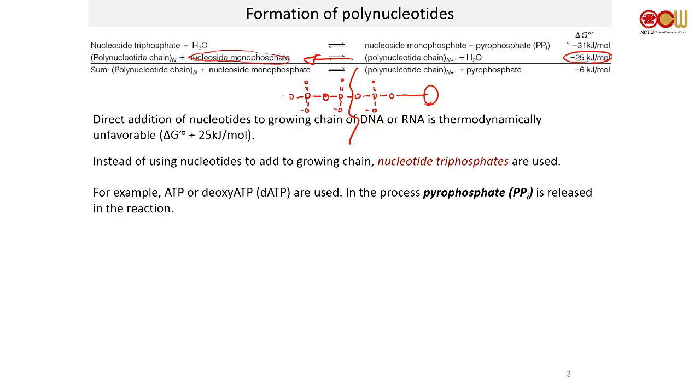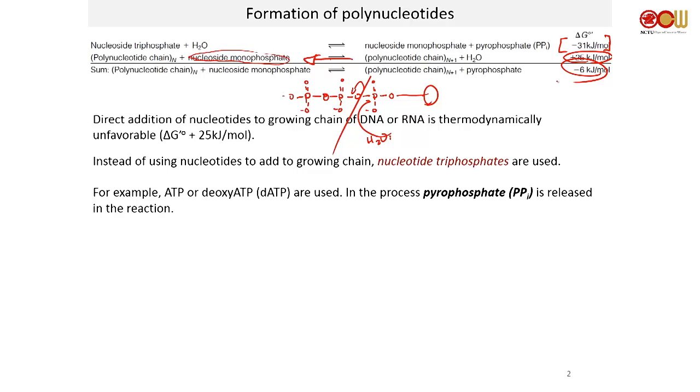This is listed right here. If you take a nucleoside triphosphate, for example ATP, and cleave it using water, this breaking will generate about minus 31 kilojoules per mole. Remember, energies are additive, so you add them up and get a negative 6 kilojoules per mole.